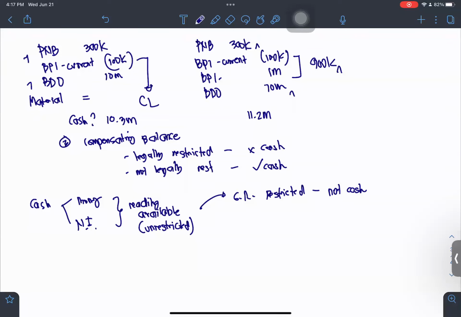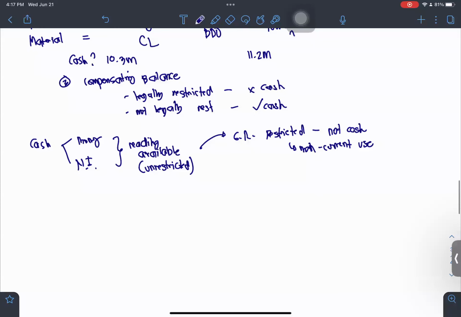And what are the forms of restrictions? The form of your restrictions is that whenever it is for non-current use, then it is considered restricted. That's our first premise. And after that, we went on and discussed the first portion of your cash, which is your money.